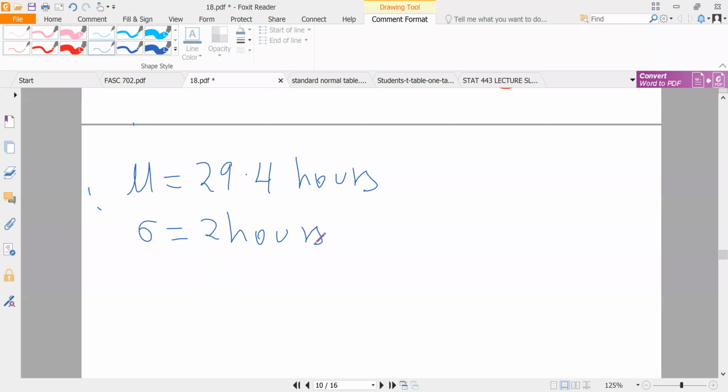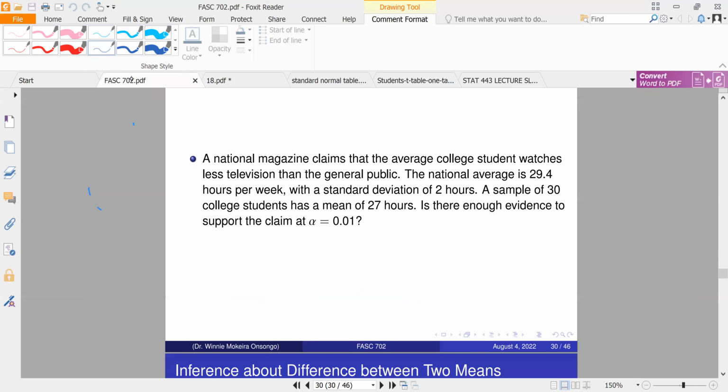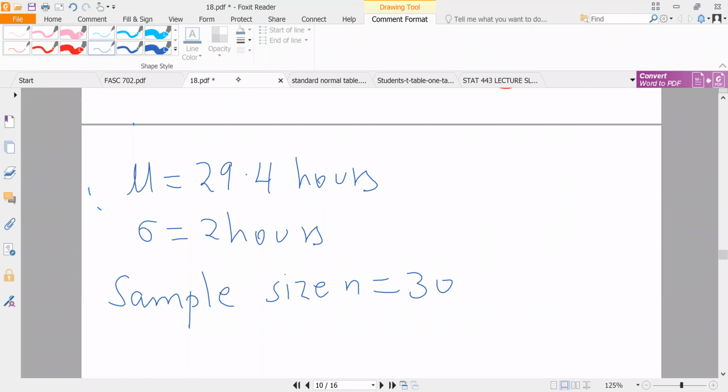Now we are told that a sample of 30 students is picked. So our sample size N is equal to 30 students. From this sample, they found that the average time they spend to watch television is 27 hours. So we can say that there is a sample mean of 27 hours.